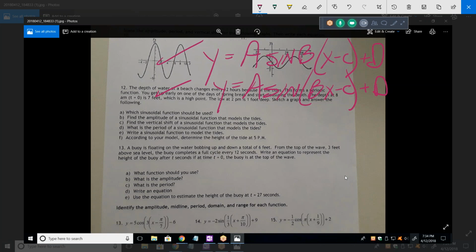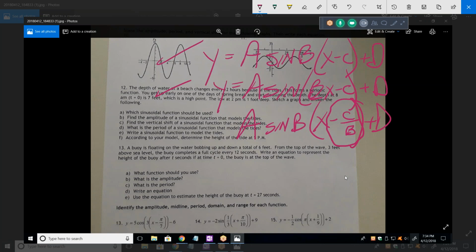C is not the phase shift in my second equation. I have to factor the b out. How do I do that? I put it outside the parentheses, and now that becomes the phase shift if my b was inside the parentheses.